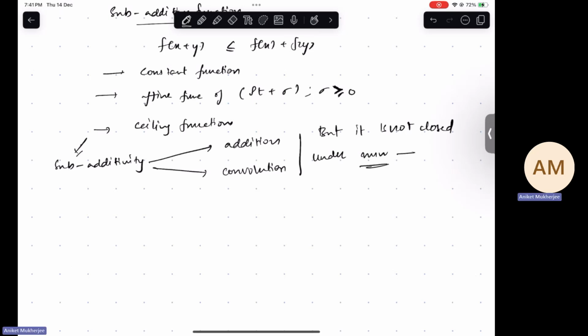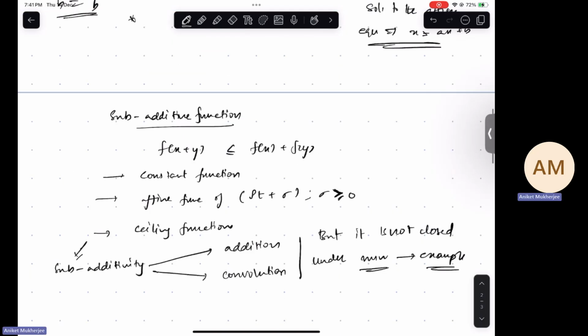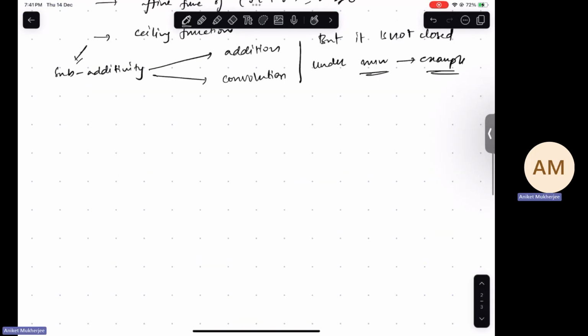We saw an example for this in the last class. Okay. Next we saw these properties of subadditive functions. Next we define the subadditive closure operator.